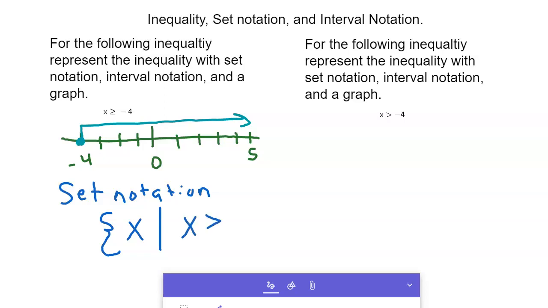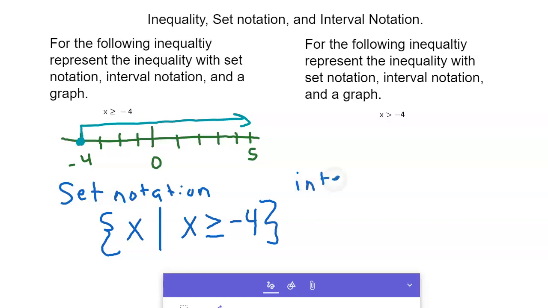So this would be set notation. It's almost the same as an inequality. Wow, that's a terrible bracket. Then the last one is interval notation, which condenses all of this even further.